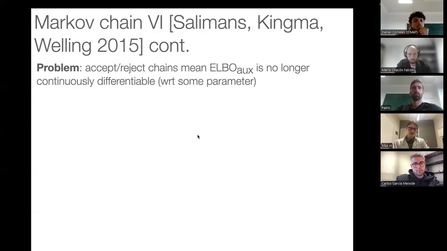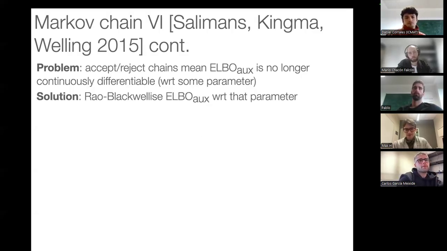And this accept-reject mechanism is exactly the mechanism that means that K is going to be pi invariant, and so mu naught K to the T will tend to pi in some sense. But the problem with using these chains is that the auxiliary ELBO will no longer be continuously differentiable.